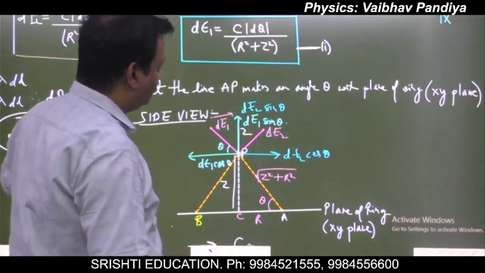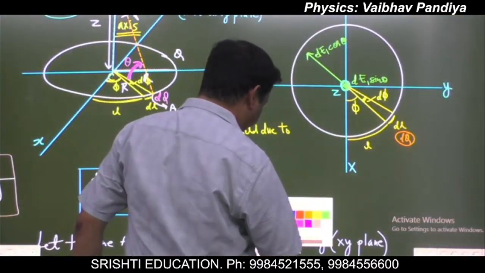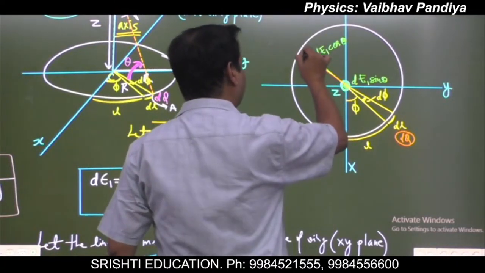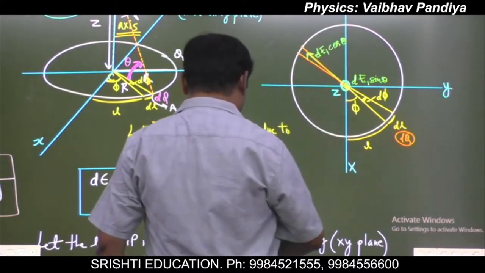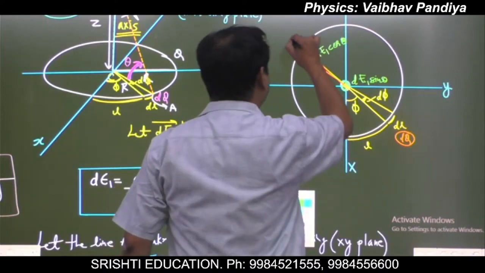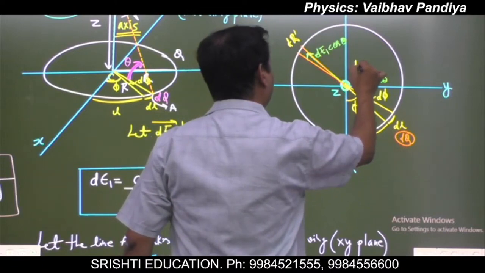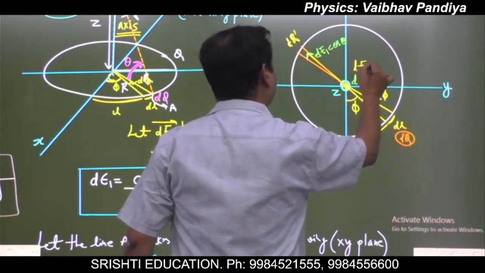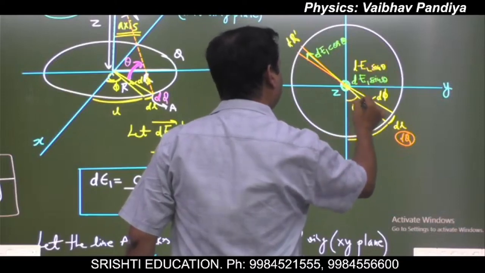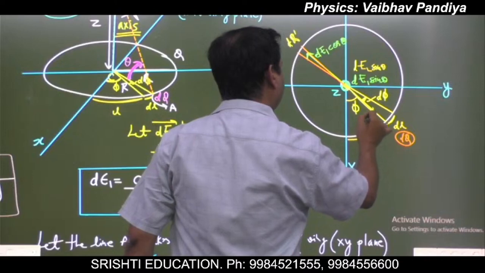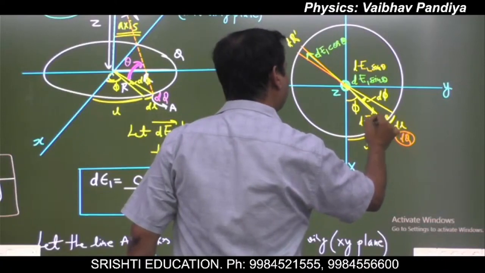Got it? If you want to indicate the same symmetrically located element in this figure, this is your dq dash. So it will give you a component dE2 sin theta, and here it will give you dE2 cos theta, correct?